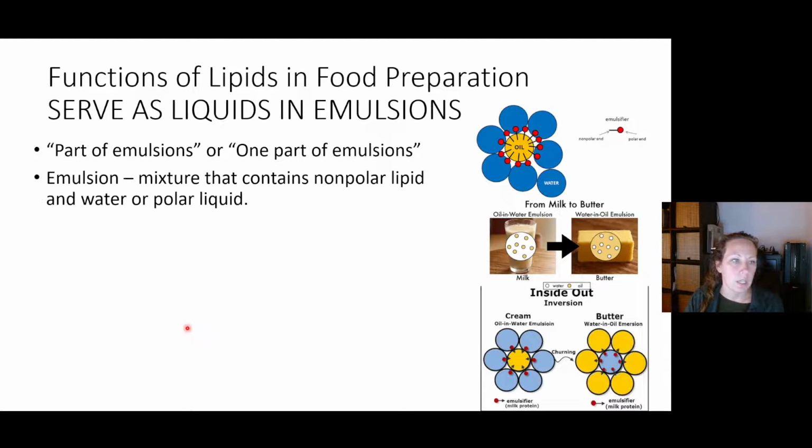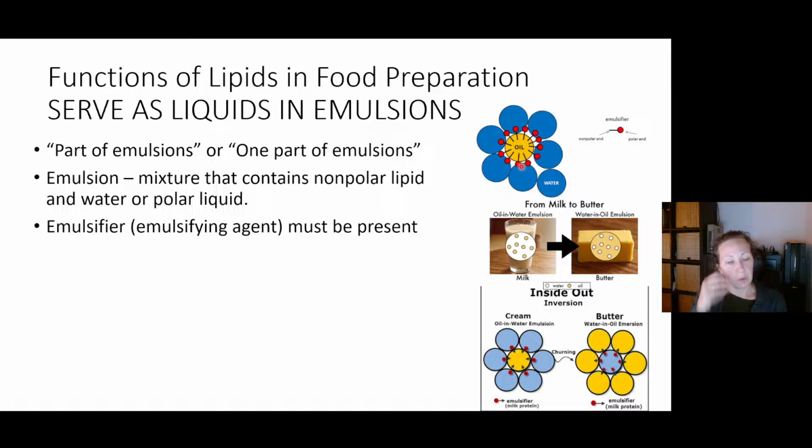Okay, so what is an emulsion? We've actually kind of already gone over this. It's a mixture that contains a nonpolar lipid and water or a polar liquid. Okay. So we have the nonpolar lipid here and water or some other polar liquid.